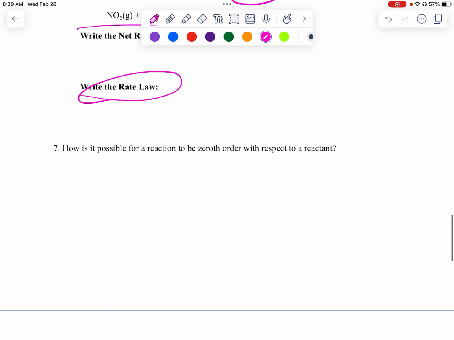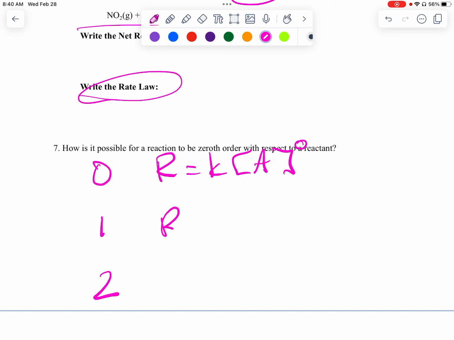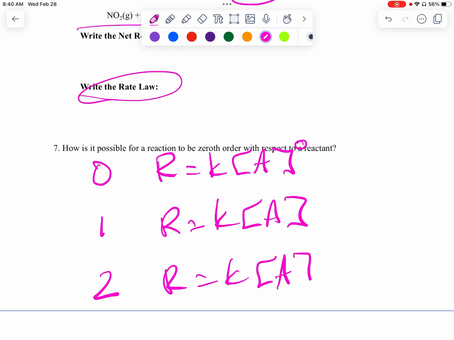And then there's something called orders. So we have zero order, we have first order, we have second order. I'm going to write just really, really plain things here just to make this make sense to you, okay? What does that mean? And then rate equals Ka squared, all right? Let's say we have A, and A goes from 1 molar to 2 molar, all right?